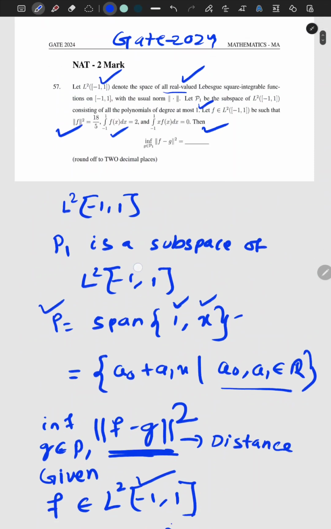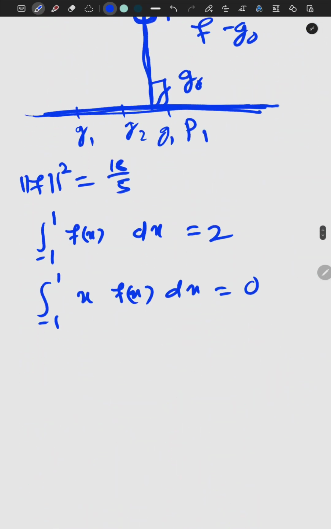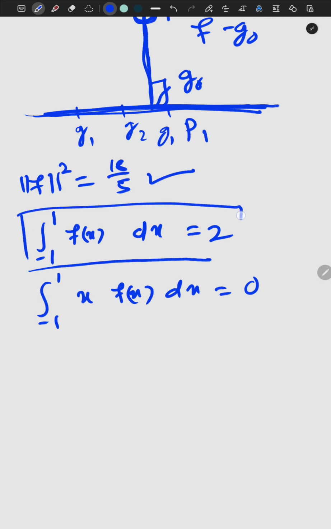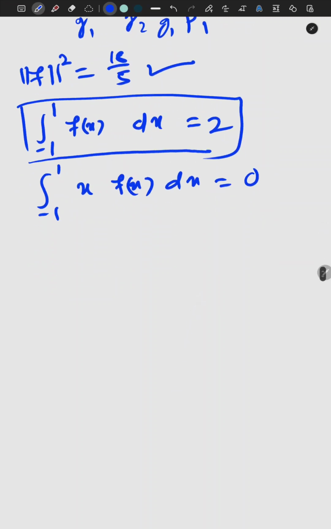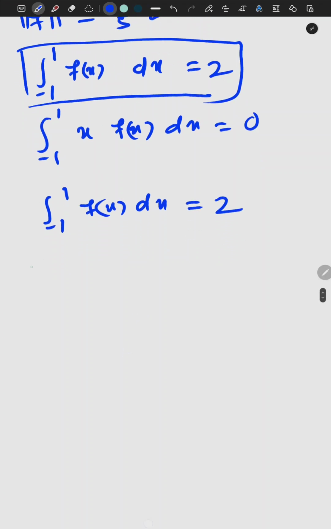Actually, looking at it in a different way, the integral from -1 to 1 of f(x) dx equal to 2 means the integral of f(x) times 1 dx equals 2, which is the inner product.